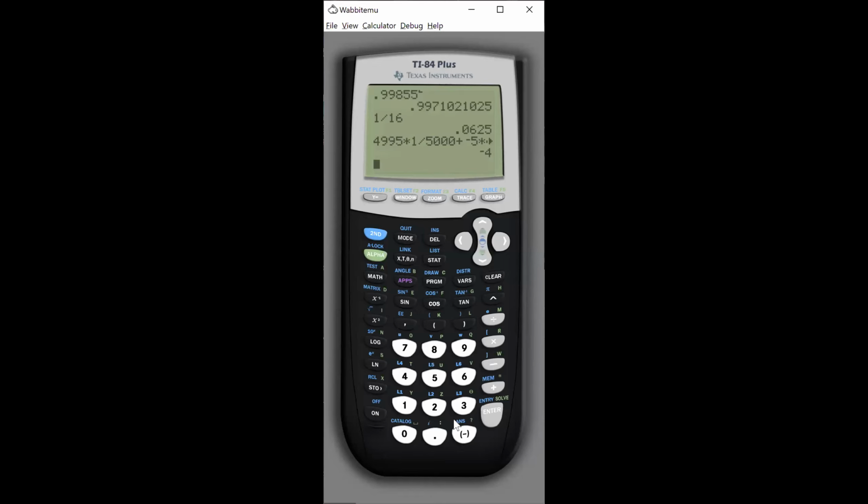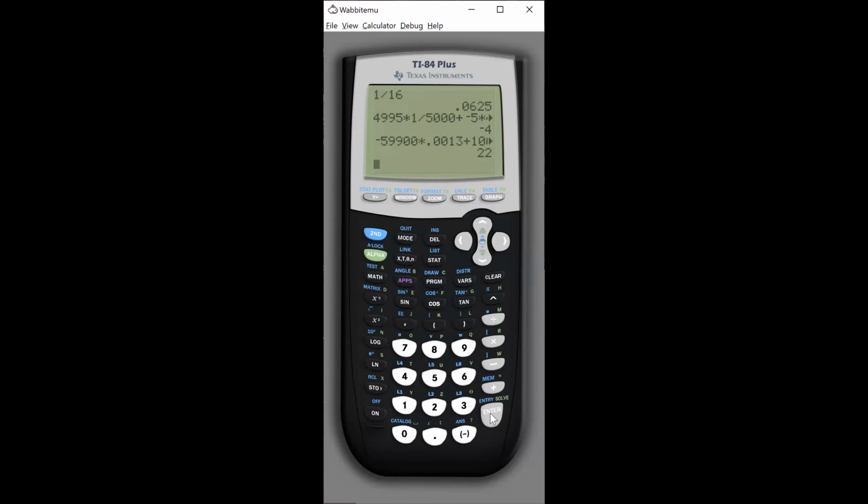So first you do negative 59,900. You multiply that by the probability of that occurring, which is 0.0013. Then you add it to the 100, multiplied by 0.9987.